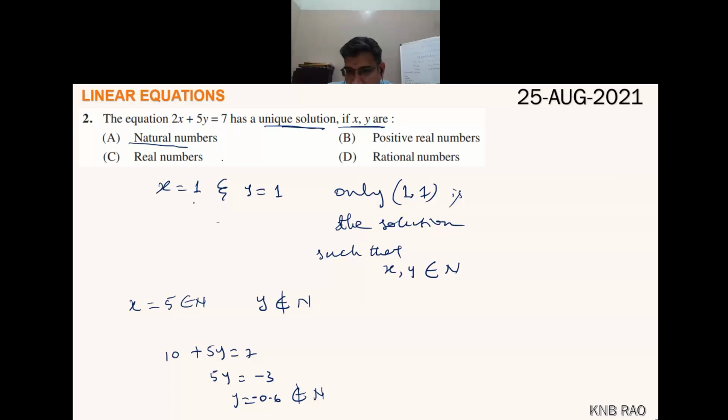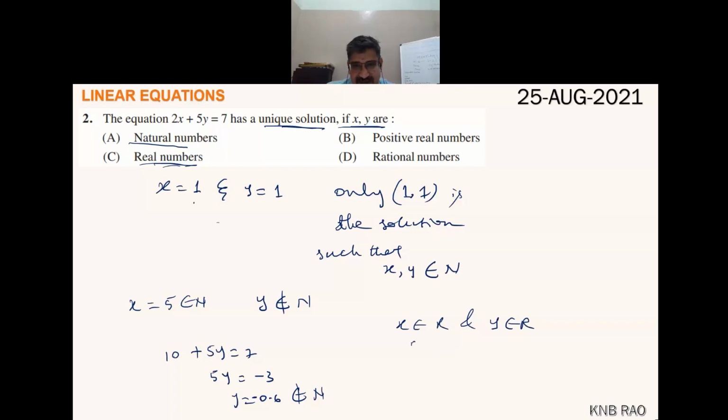No. That means you have one and only one solution in the natural number set. That is 1 comma 1. But can you tell me, amongst real numbers, let's say x belongs to real numbers, can you tell me the corresponding y belonging to real numbers as a unique solution?